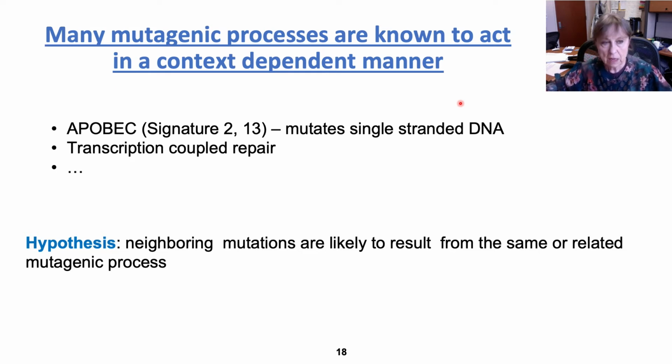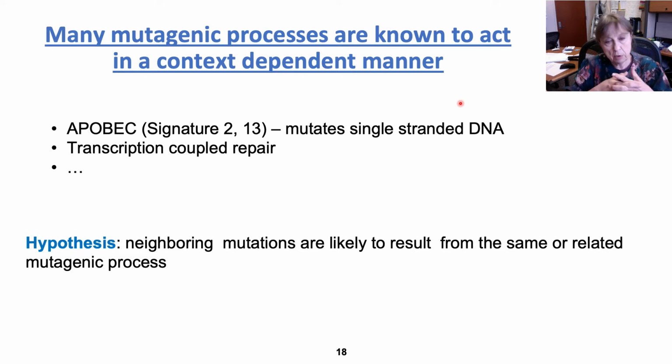For example, the APOBEC enzyme is known to mutate single-stranded DNA. So if DNA is in the single-stranded conformation, being exposed, it's likely to be a target of the APOBEC enzyme. So if we have larger regions of single-stranded DNA exposed, then we would expect a higher density of APOBEC mutations in those regions.